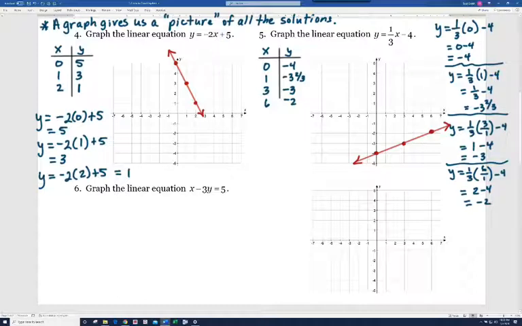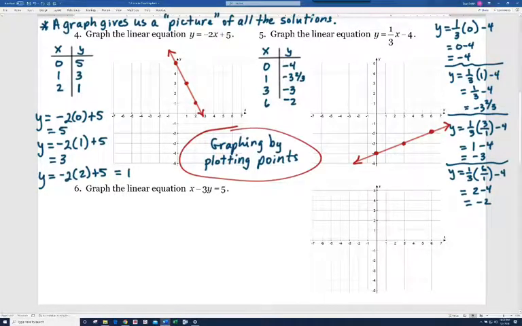In fact, this equation could be solved for x, and that would be the easiest way to pick points. You would actually pick y values first. But normally in a case like this, we would want to solve for y first. So let's go ahead and do that. I do want to make a comment here though.